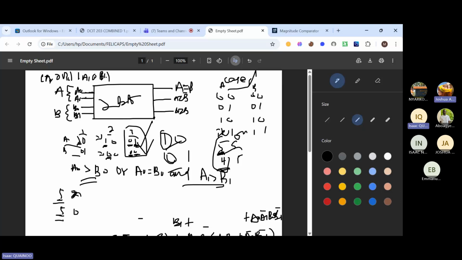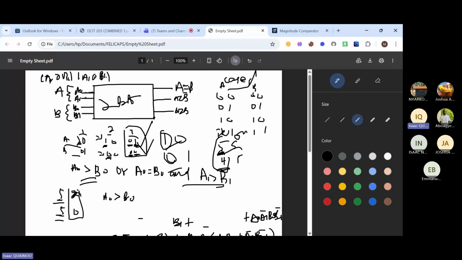They are equal, yes. So the first 5 is A0 and the second 5 is B0. So A0 is equal to B0, and you have to move on and compare the next two.